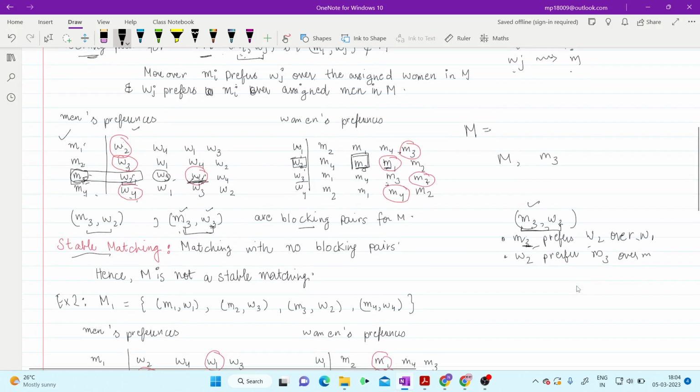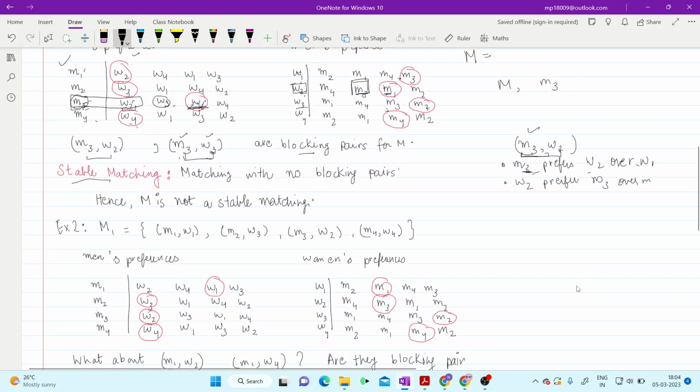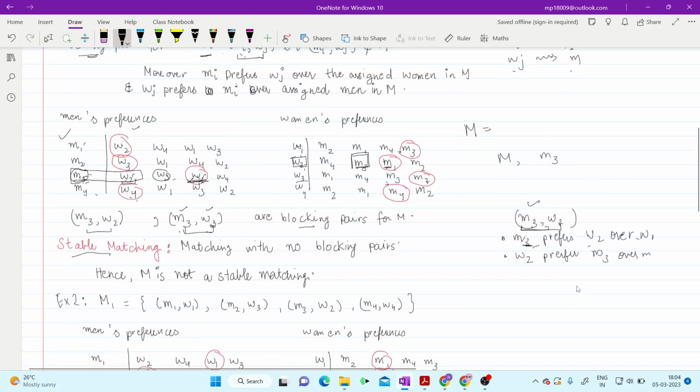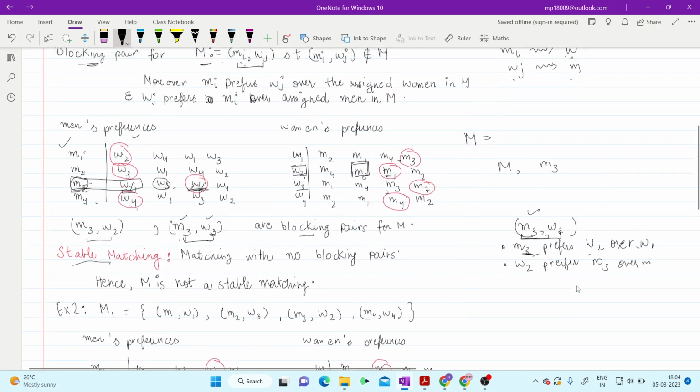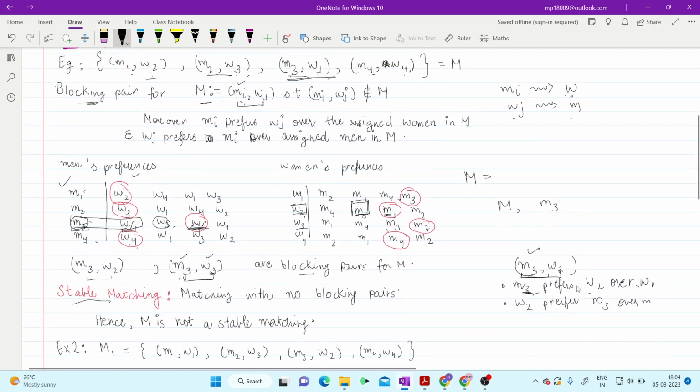Okay, let's do it with an example. I think that will be better. M3W2 is a blocking pair for M. So we have this matching M that has been given to us: M1W2, M2W3, M3W1, and M4W4.